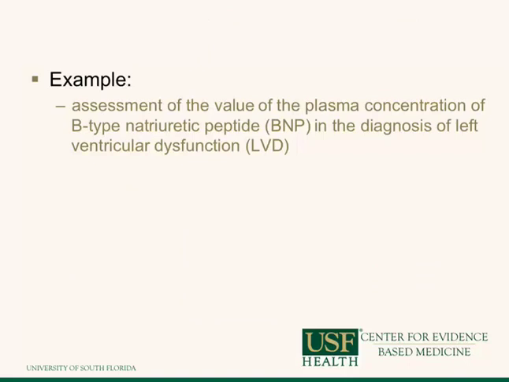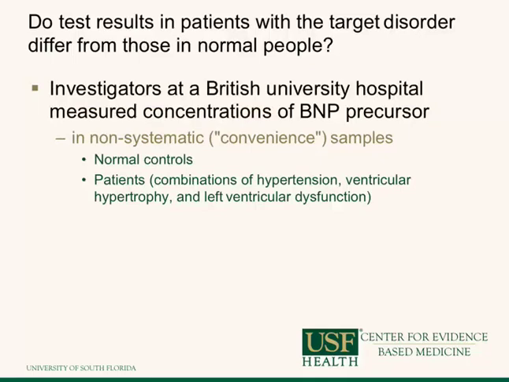Here is a real published study, and they were trying to look into BNP concentrations for the diagnosis of left ventricular dysfunction. What these people did was take, again, convenient samples: normal controls with no history of any cardiovascular disease, and patients with a history of cardiovascular disease, with some combination of hypertension, ventricular hypertrophy, and left ventricular dysfunction.